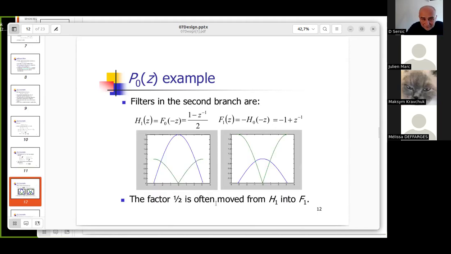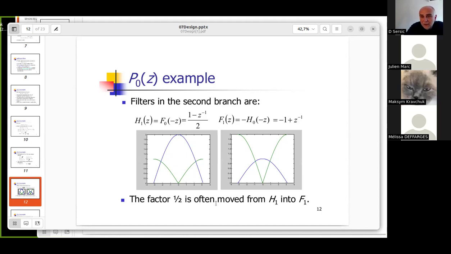Here we have H1 and F1. They are actually the same coefficients with alternating signs. The blue line shows the frequency response of the low-pass filters, and the green line shows the frequency response of the high-pass filters.